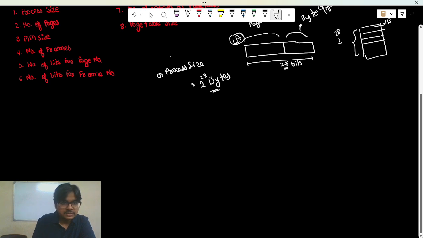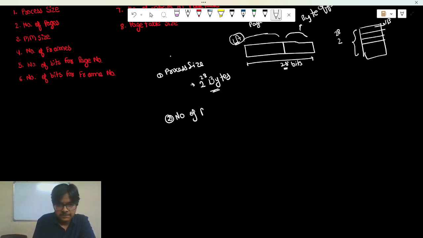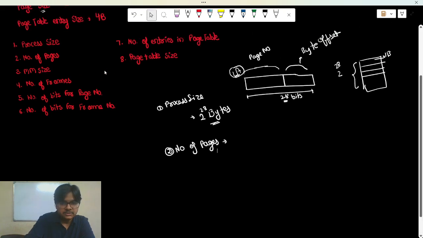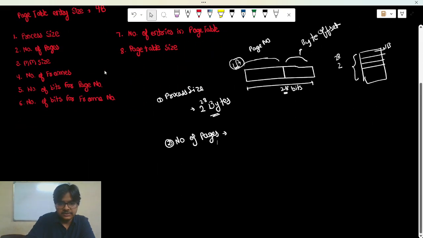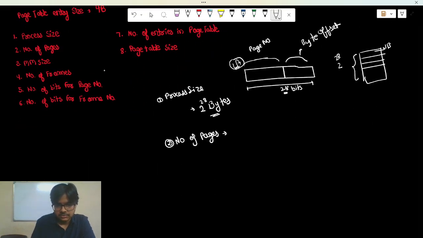Now the next thing is the number of pages. So now you can see that this is your process, and each page has a size. What is the page size in the question? 2 KB. So the number of pages will become process size divided by page size.